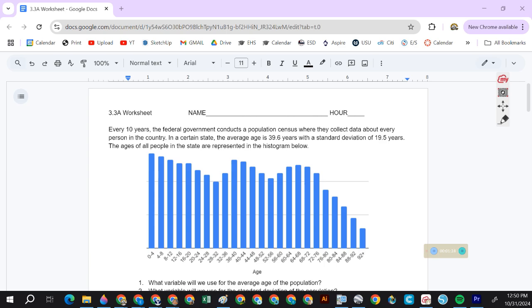So here, every 10 years, the federal government conducts a population census where they collect data about every person in the country in a certain state, and I totally made this up. The average age is 39.6 with a standard deviation of 19.5, and that is the histogram. So does it look like 28 to 32-year-olds die more often than everybody else? Probably not.